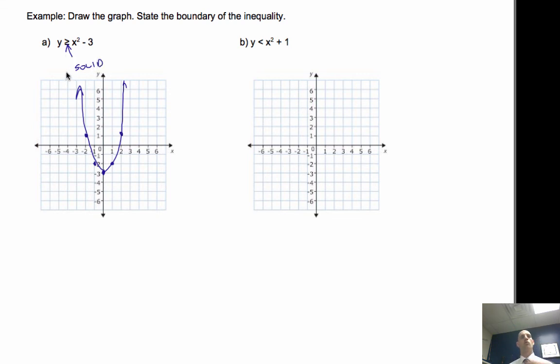And I want what's greater than it. So you can conceptually think of what's greater than it, but we're going to test 0, 0. So 0 greater than 0 squared minus 3. So is 0 greater than or equal to negative 3? Yes, so in here is where I'm going to shade because 0, 0 satisfies this inequality. Same thing for this one, except it would be a dotted one.